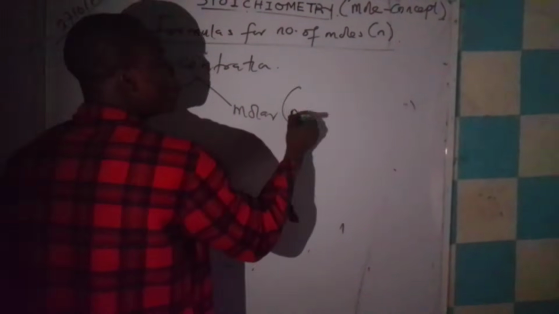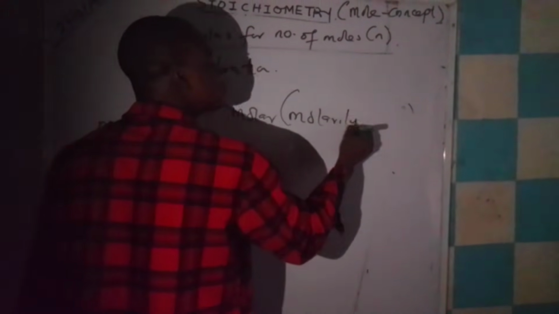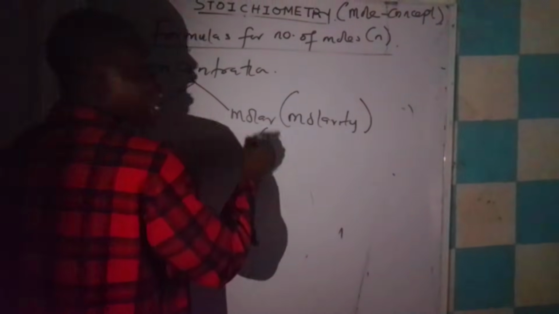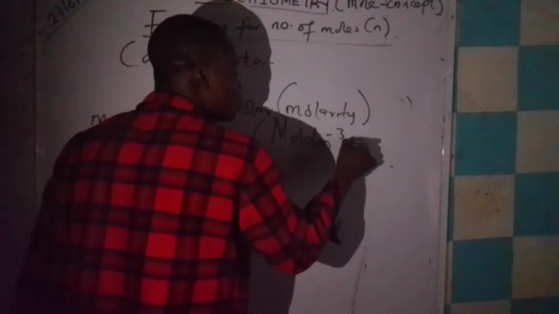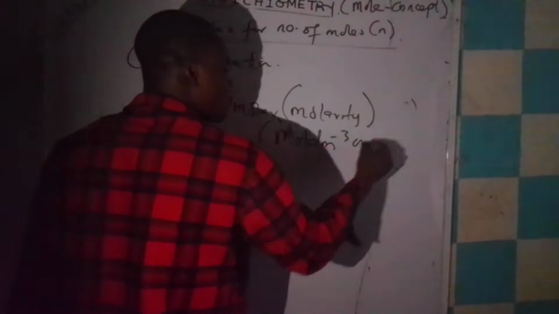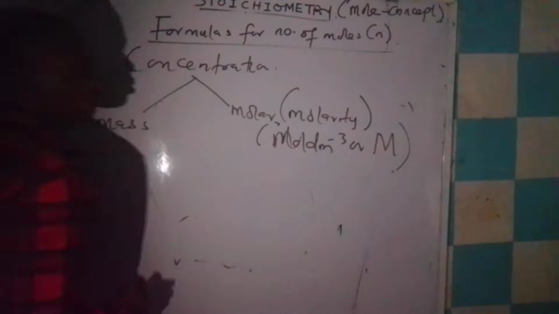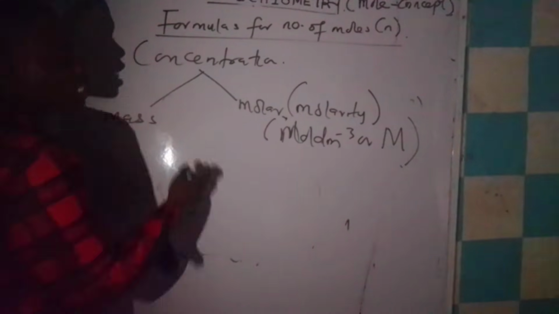Your molar concentration is otherwise called molarity, and it has a unit of mole per dm³ or molar. That's molar concentration or molarity.